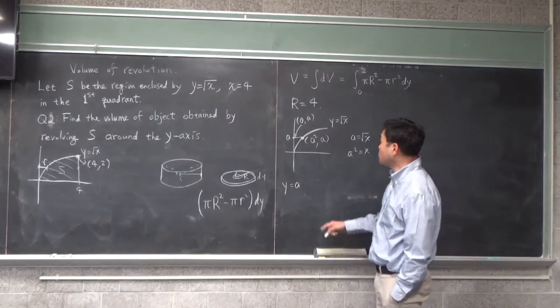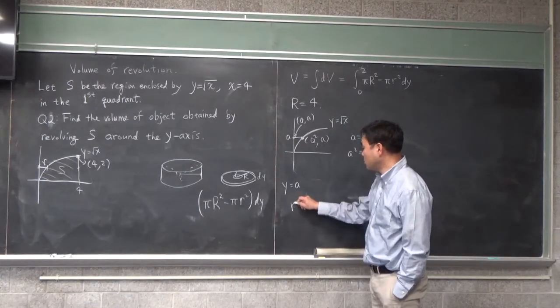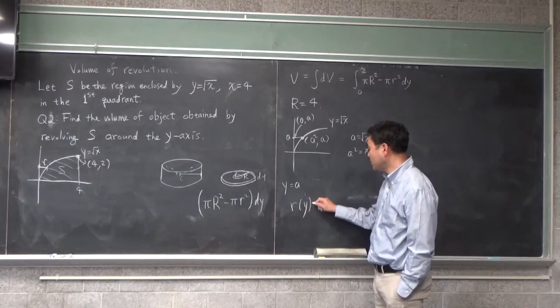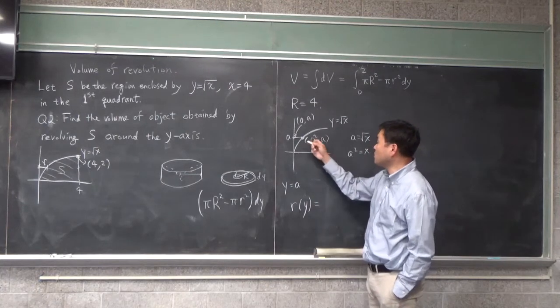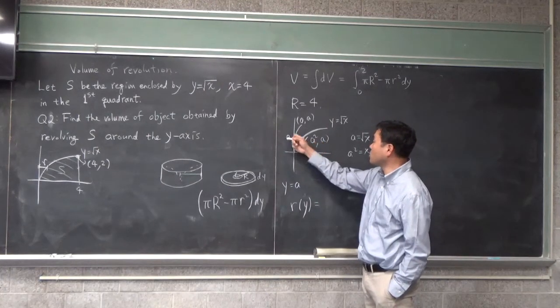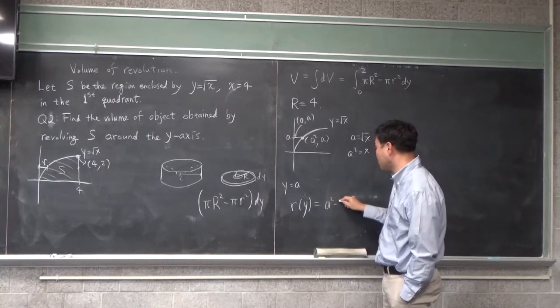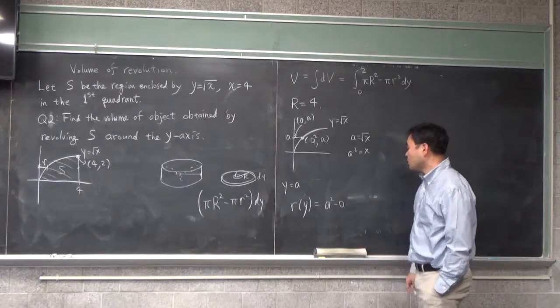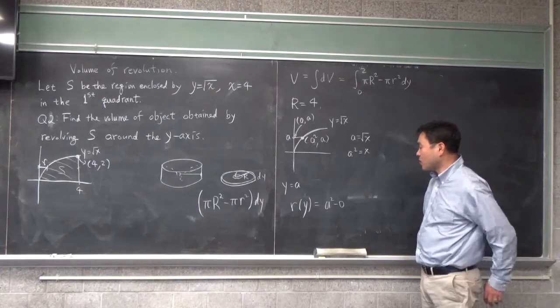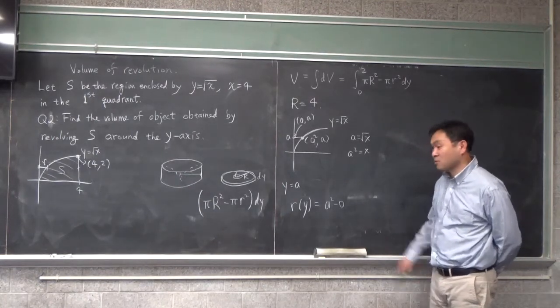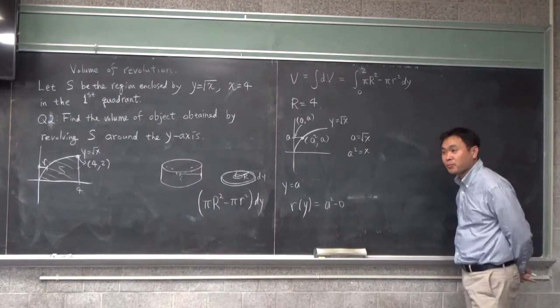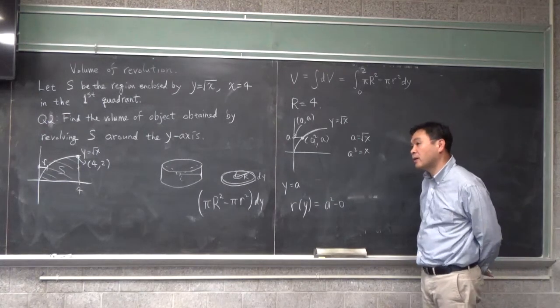Therefore, small r is the difference between the x coordinates. The x coordinate of this is 0, and the x coordinate of this is a squared, so you get a squared minus 0. Oh, but we wanted a function of y, so what should we do?